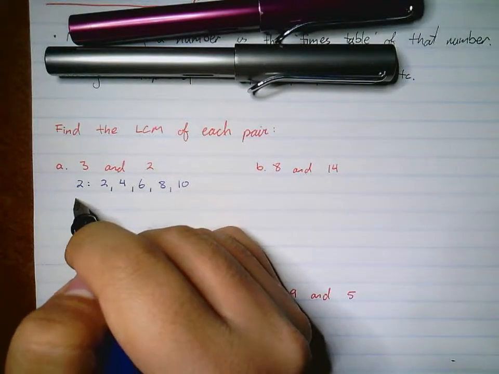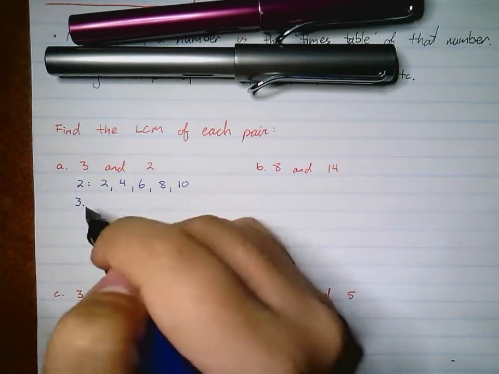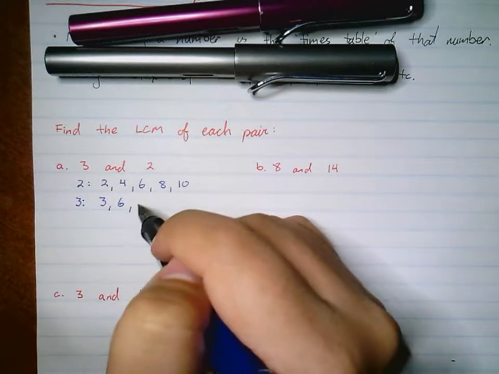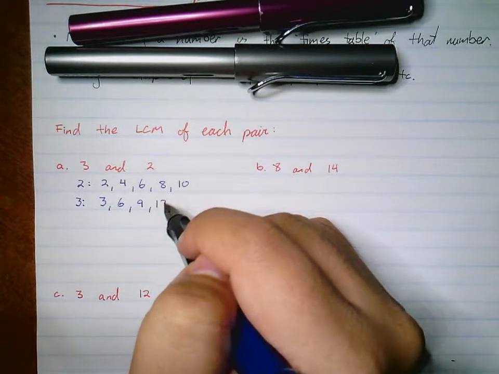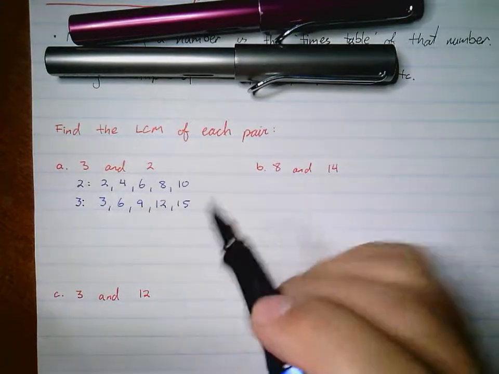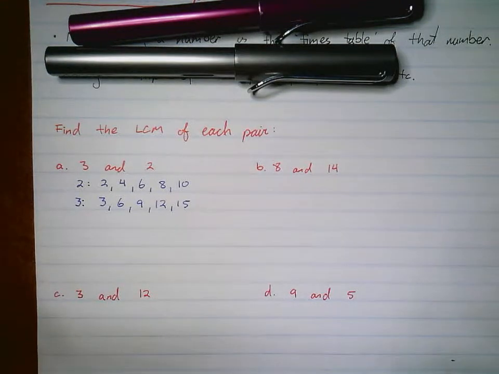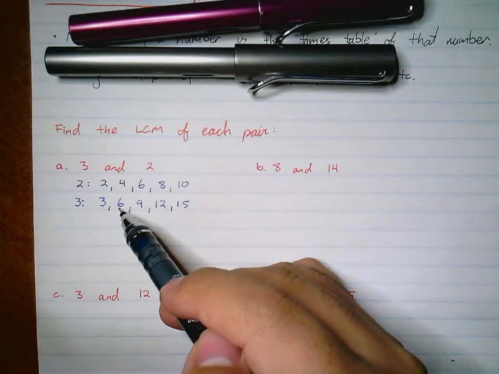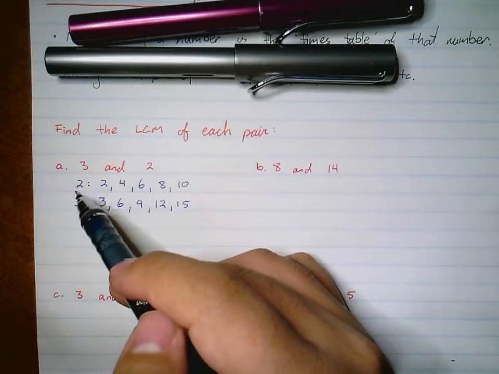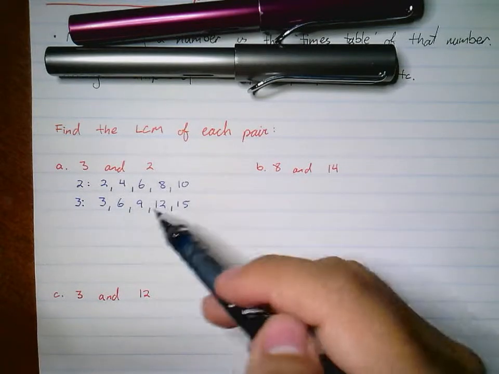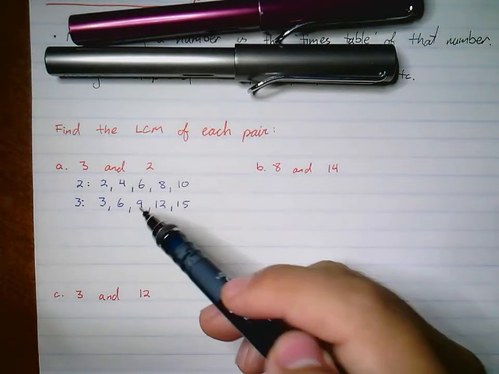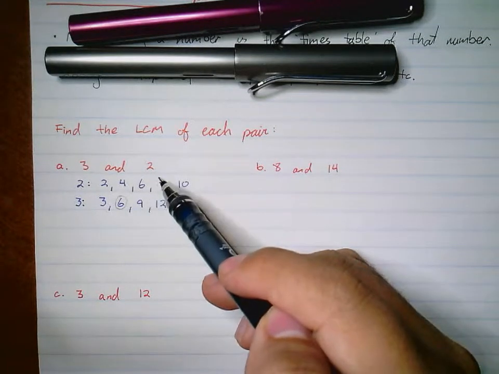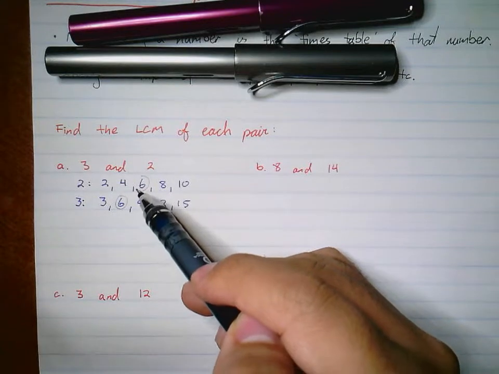And then let's write the multiples of 3. 3, 6, 9, 12, 15. In actual fact, I was about to stop when I saw these two numbers. Now, which one is common in both of them? If you take a look, we have a 6 here and a 6 here.